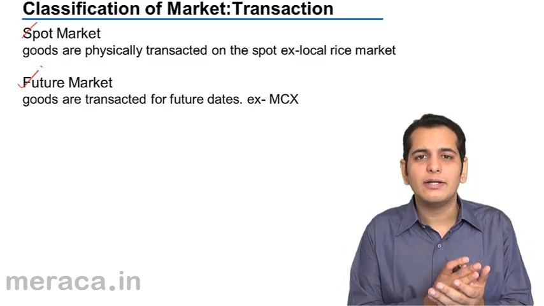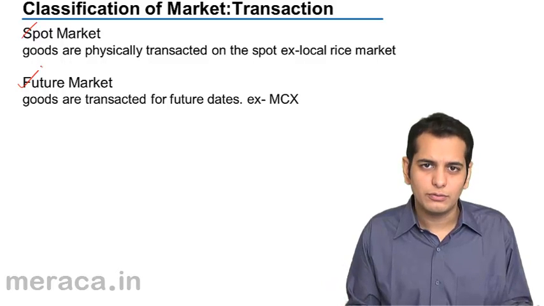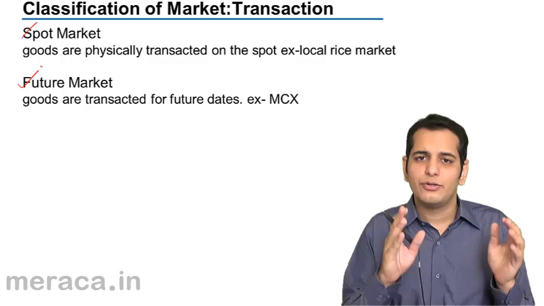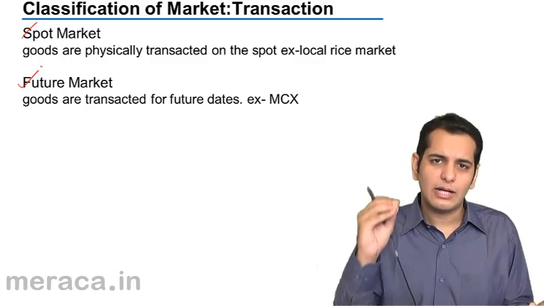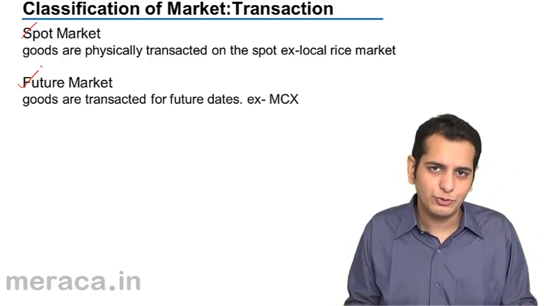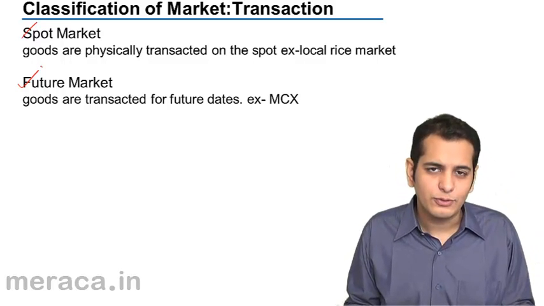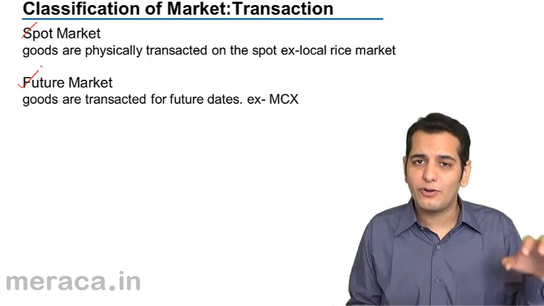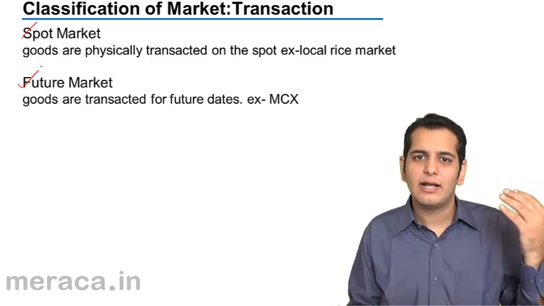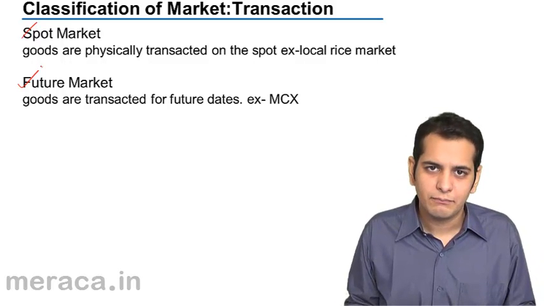You do not agree to deliver the goods on the spot, but you make an agreement in such a way that you will deliver the goods at some future date and you will receive the payment at some future date. So this is called a future market, wherein you transact today for goods to be delivered or payment to be made at a future date.